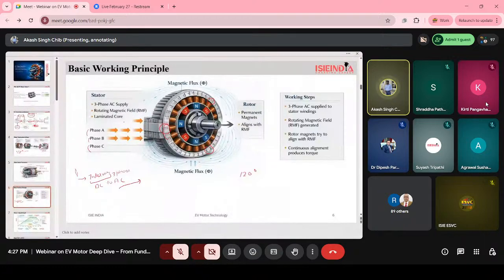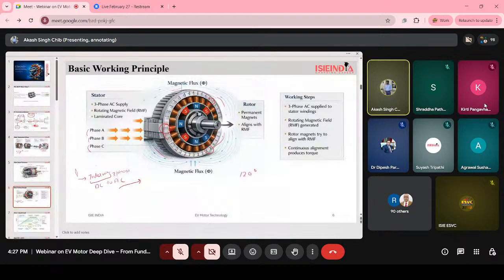When we give supply to the stator, there are copper windings you have seen. These copper windings create a rotating magnetic field. You can see the rotating magnetic field looks like this, and there is a laminated core also in the stator part.